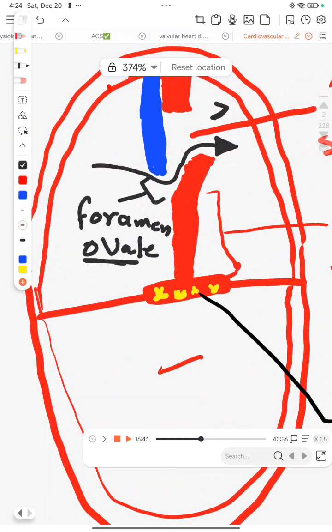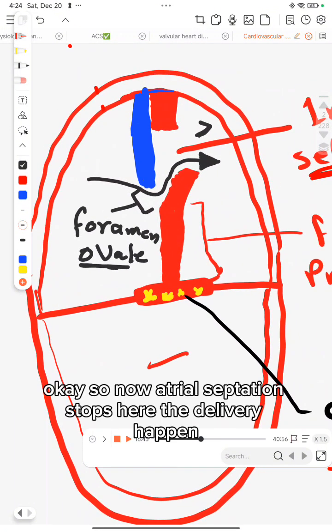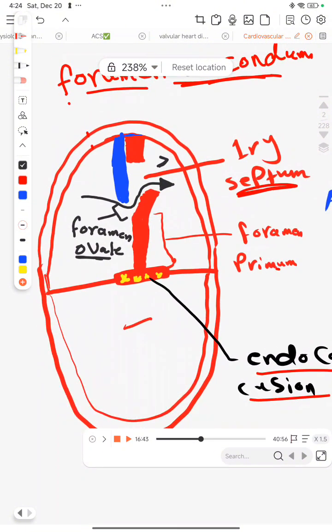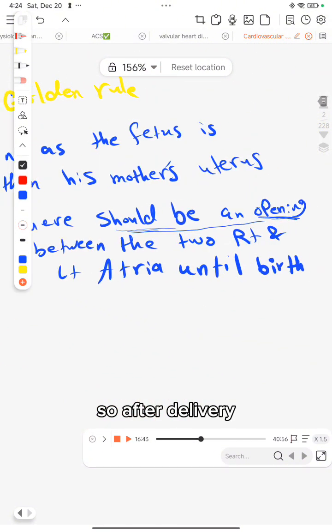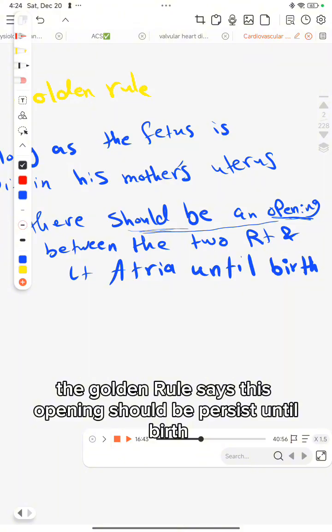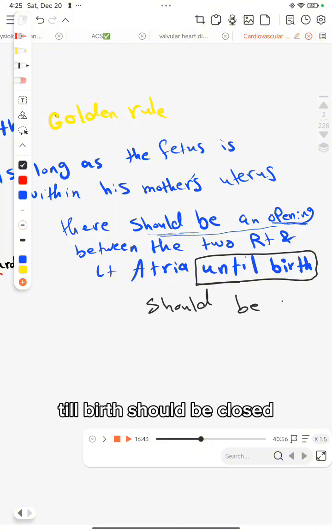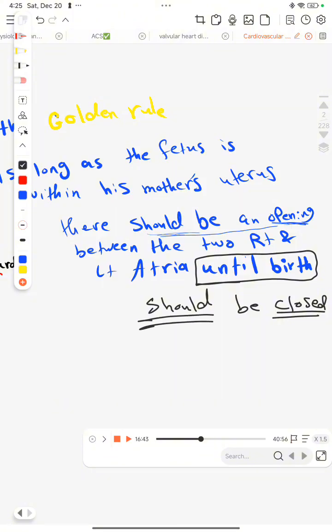Okay, so now atrial septation stops here. The delivery happened. So after delivery, the golden rule says this opening should persist until birth. Until birth, it should be closed.